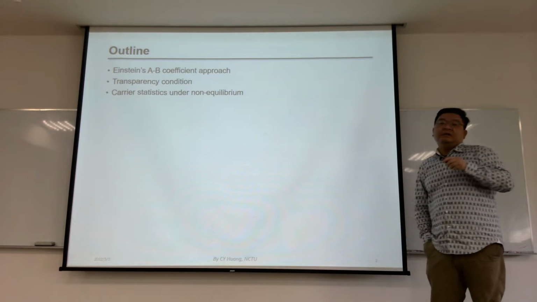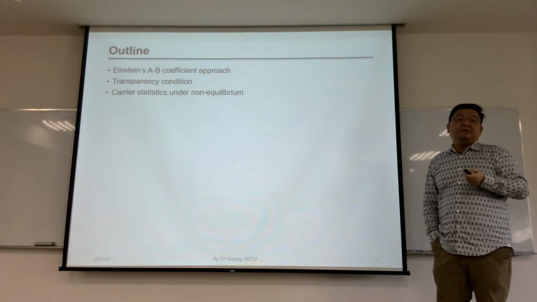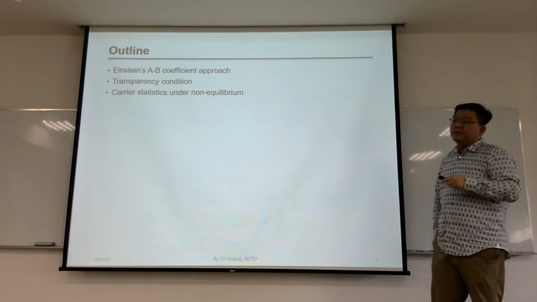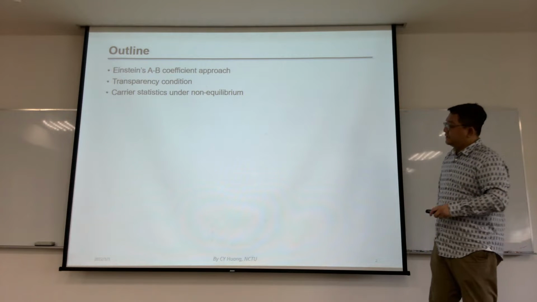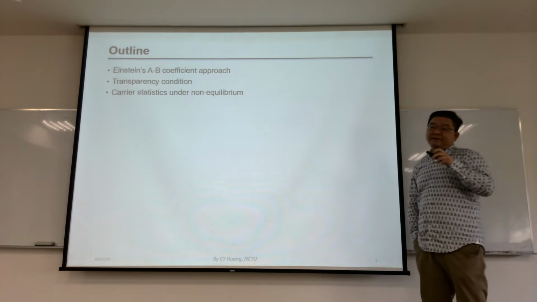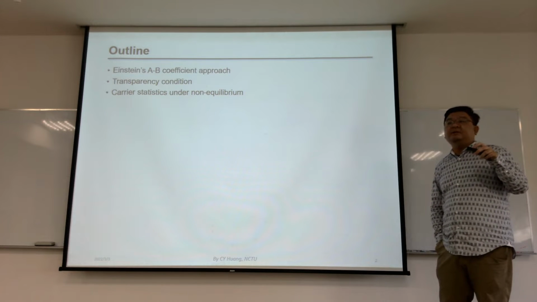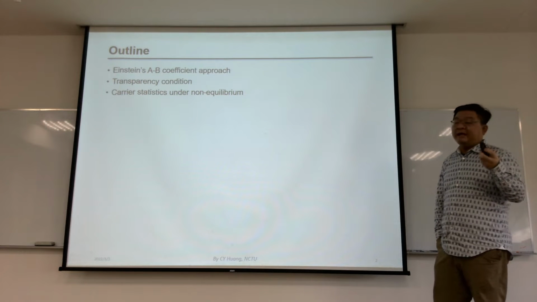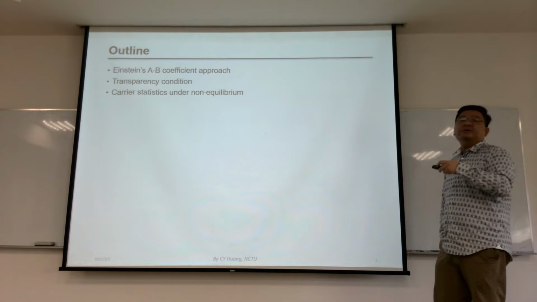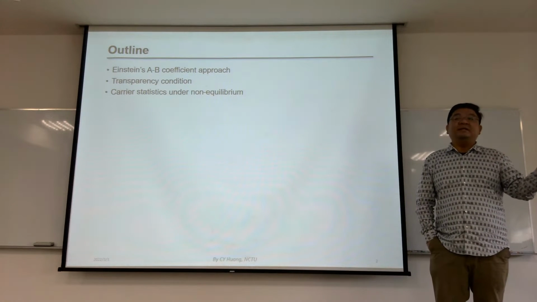Then next we do some easy carrier statistics under equilibrium, but since a laser operates under a very high injection current, we must evaluate the number of carriers and the position of the Fermi level under high current injection. We will learn what scientists did probably 30 years ago.